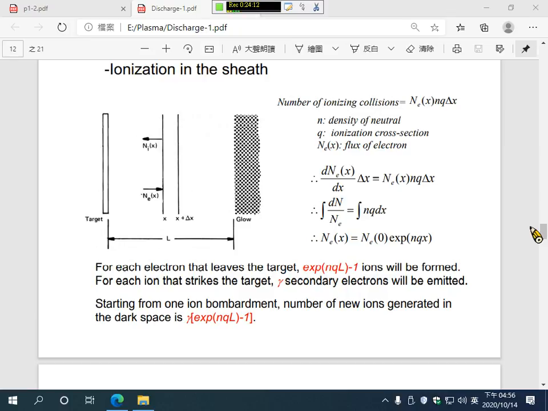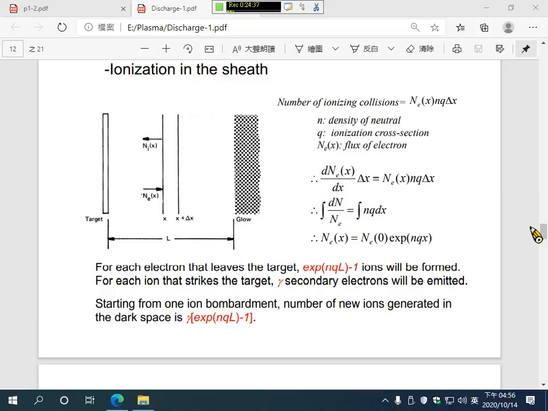This describes the number of ionizing collisions, the number of electron and ion pairs inside the cathode layer. The newly generated electron and ion pairs equal the exponential of NQL minus 1.